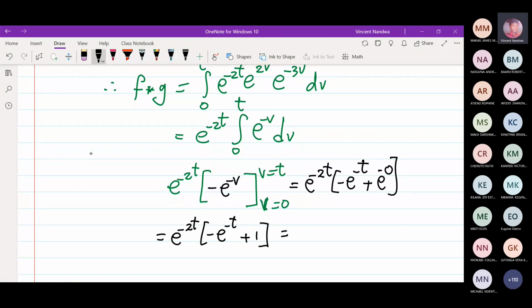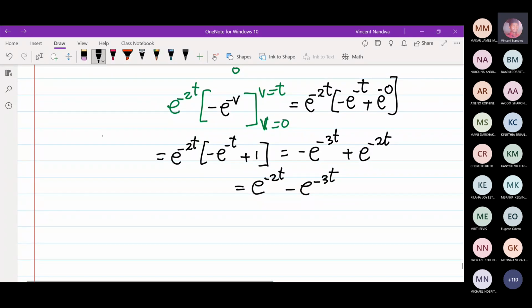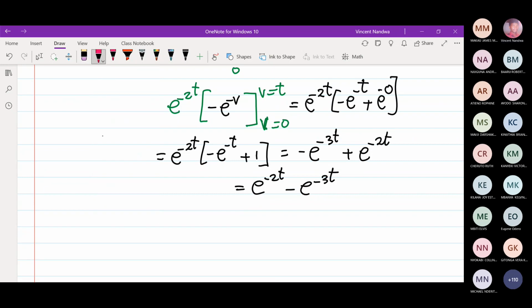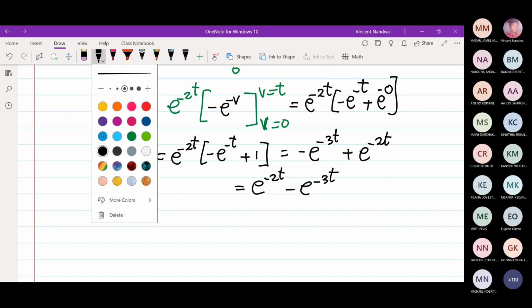So which you can write as minus e raised power minus 3t plus e raised power minus 2t, or e raised power minus 2t minus e raised power minus 3t. So get as many examples as you can and solve them using similar approach.